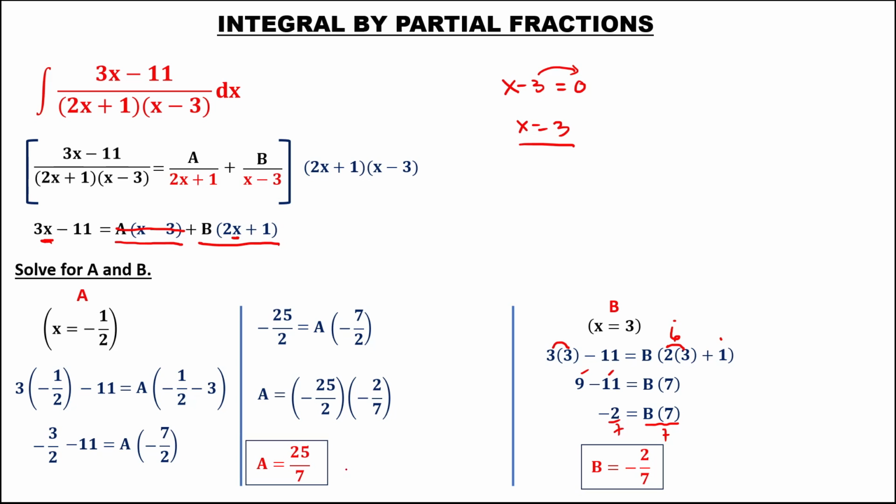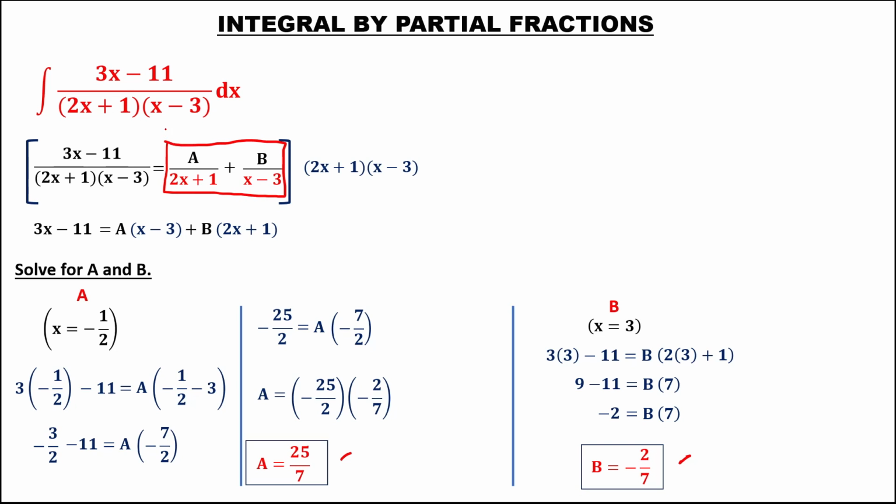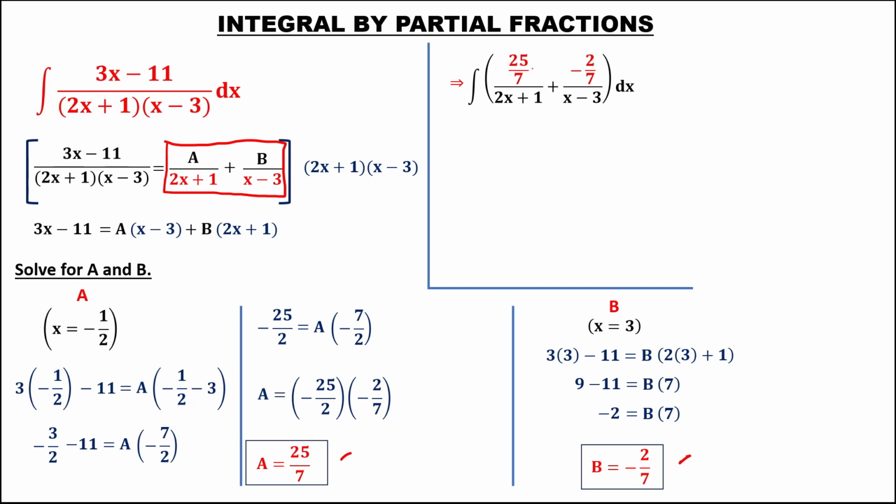So these are now the values for A and B. Then from these values, we substitute into this equation and take the integral. So this becomes the integral of A, which is 25 over 7, over 2x plus 1, plus B, which is negative 3 over 7, over x minus 3.